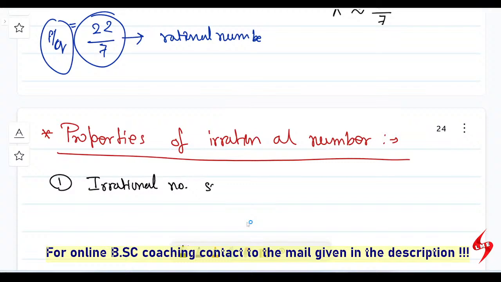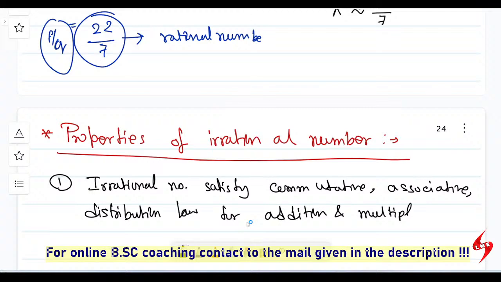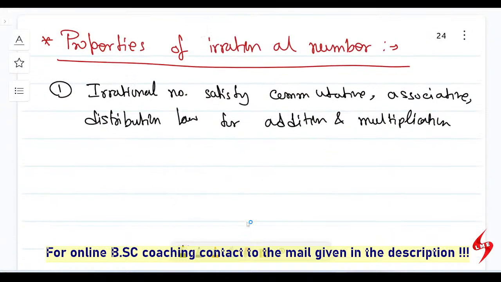Okay, next property is the sum of two irrational numbers need not be an irrational number.